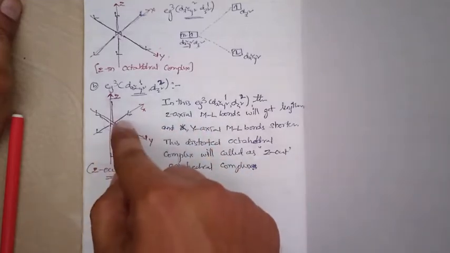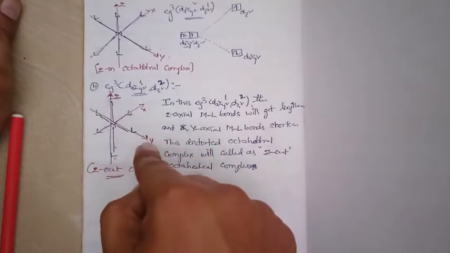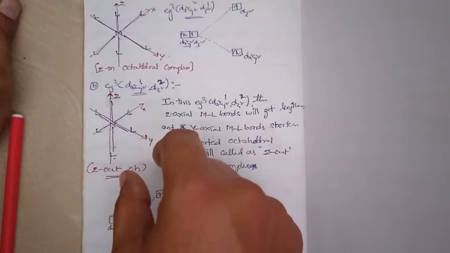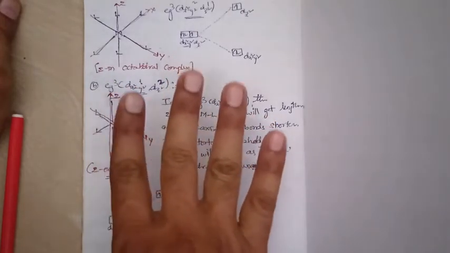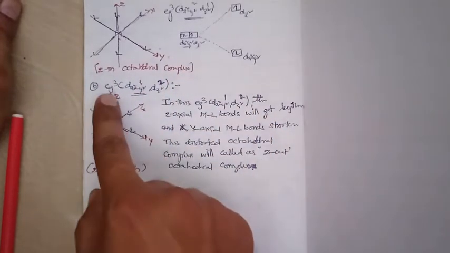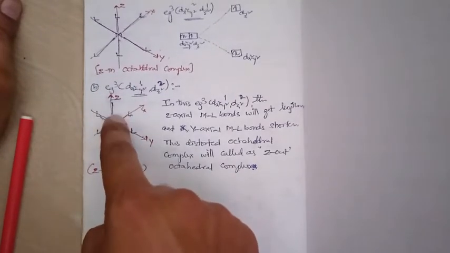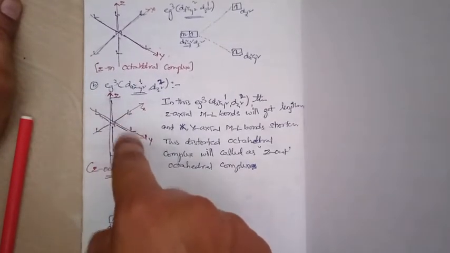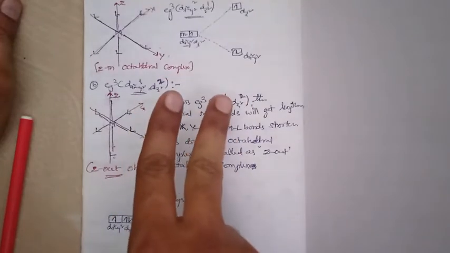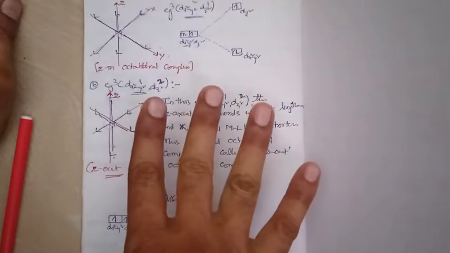So there are 4 stronger bonds, and only 2 bonds along the z axis are lengthened and weaker. The Z out structure will have only 2 weaker bonds and 4 stronger bonds.